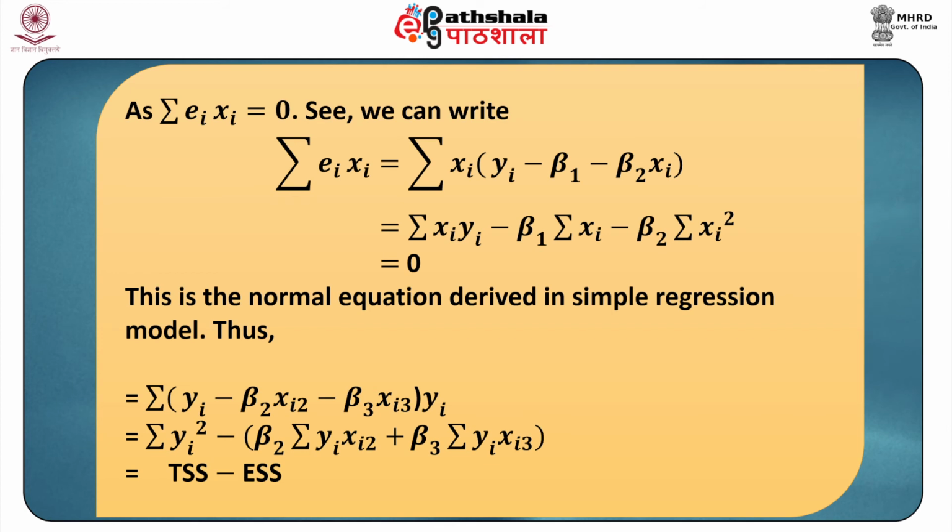Thus we can say that this is equal to sigma (y_i minus beta 2 x_i2 minus beta 3 x_i3) into y_i, and is equal to sigma y_i square minus beta 2 into sigma y_i x_i2 plus beta 3 into sigma y_i x_i3. Hence this is equal to total sum of the squares minus error sum of the squares.